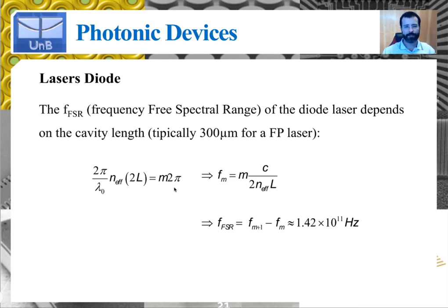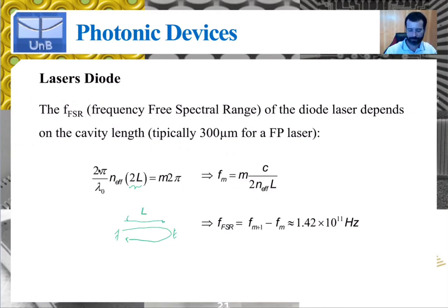Now we can find the resonant frequencies, as we've discussed before, by using the condition for constructive interference. So basically what we're saying here is that beta times 2L, 2 times the length of the cavity, is the length of propagation. Back and forth between either mirror, light will propagate through a length equal to 2 times L, the length of the cavity.